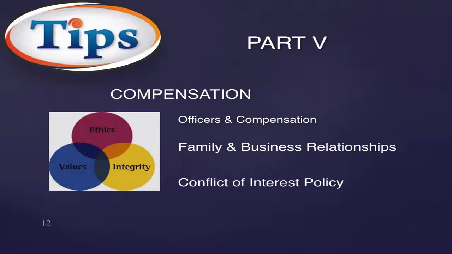Having a family member on the board is okay as long as you provide transparency about the relationship to the IRS. When considering your board members, always keep in mind their experience should directly relate to the mission of your organization.